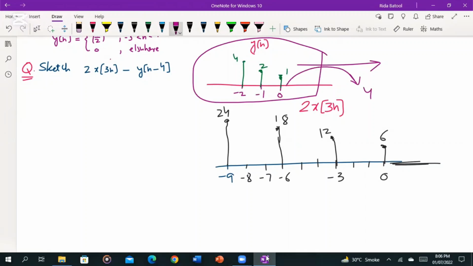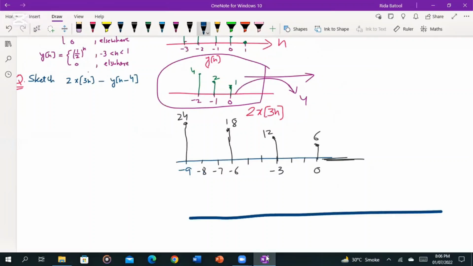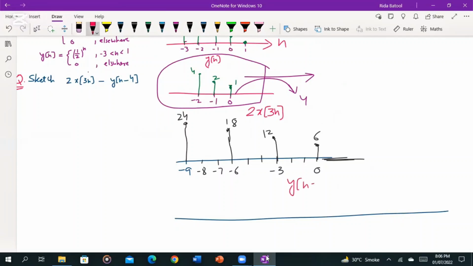The sample that is at -1 will be shifted to 3. Let's sketch it over here. So we are sketching y of n minus 4.